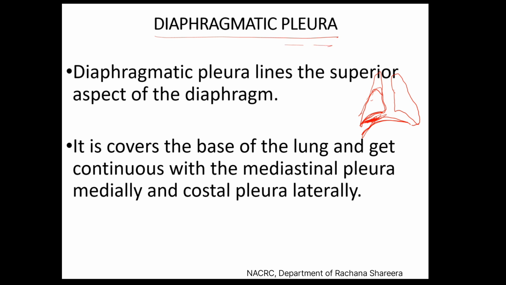It covers the base of the lung and continues with the mediastinal pleura, where this is mediastinal pleura and on the medial side it continues. So diaphragmatic pleura continues with mediastinal pleura, and laterally it continues with the costal pleura.